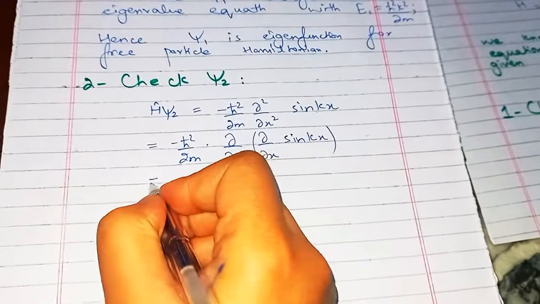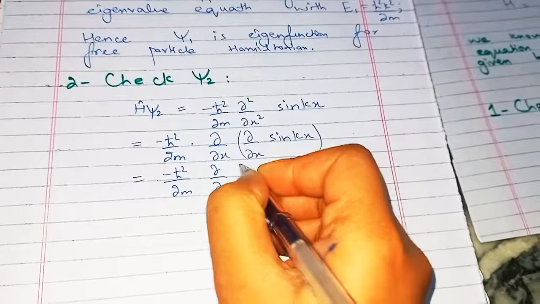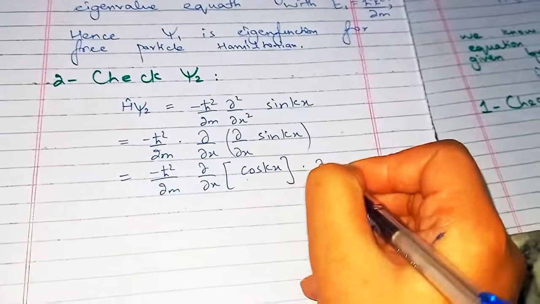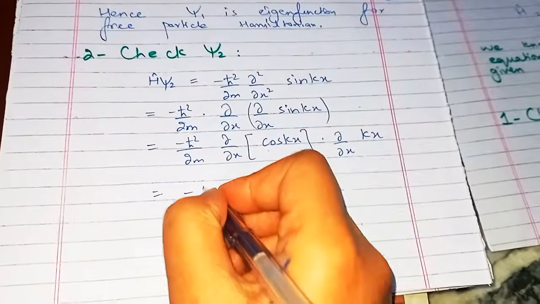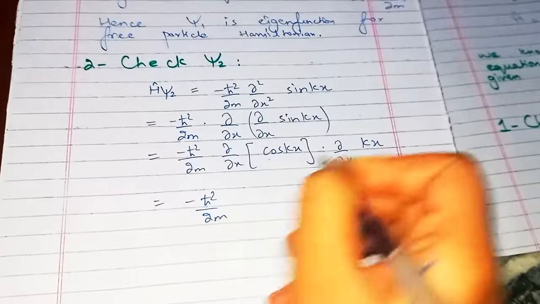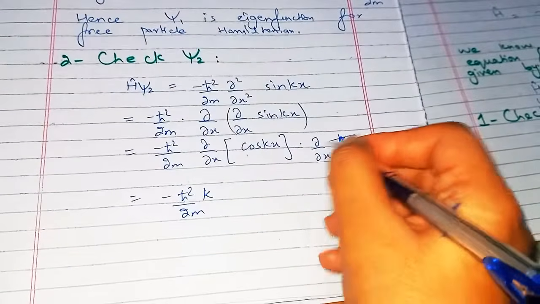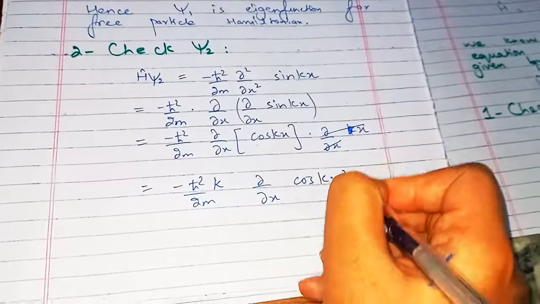We'll apply them one by one. Minus h square by 2m partial by partial x. Sin kx changes into cos kx times the derivative of its angle. Now we know what we are getting. So minus h square by 2m, this k will come outside, and partial x by partial x is 1. So we are left with partial by partial x of cos kx.